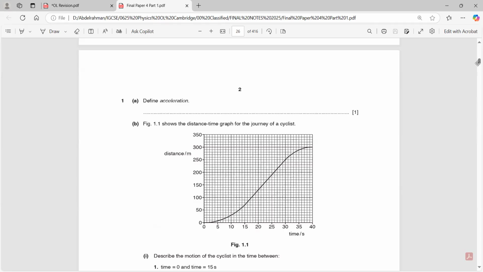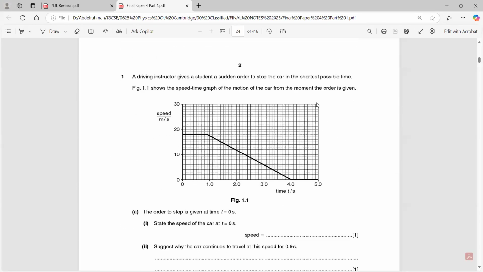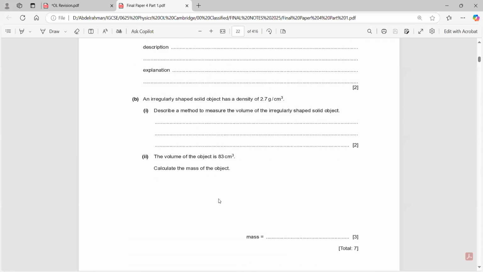I'll start solving from the back, from the last question, page 20. Let's go.